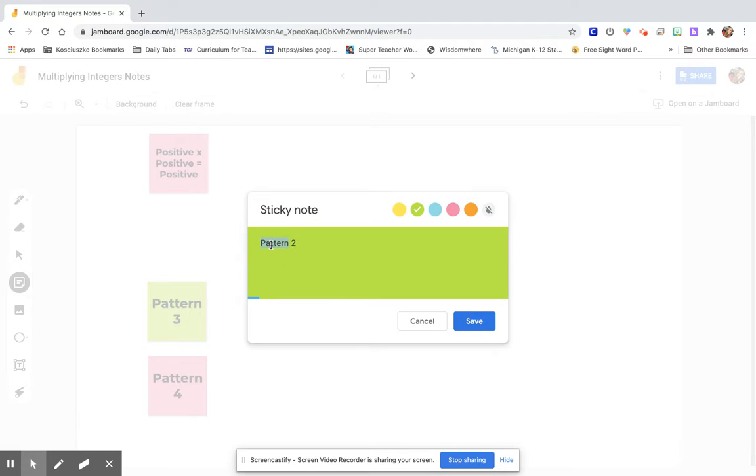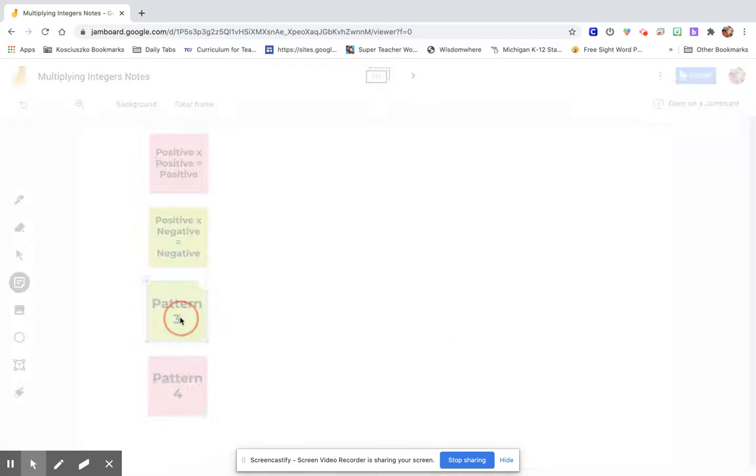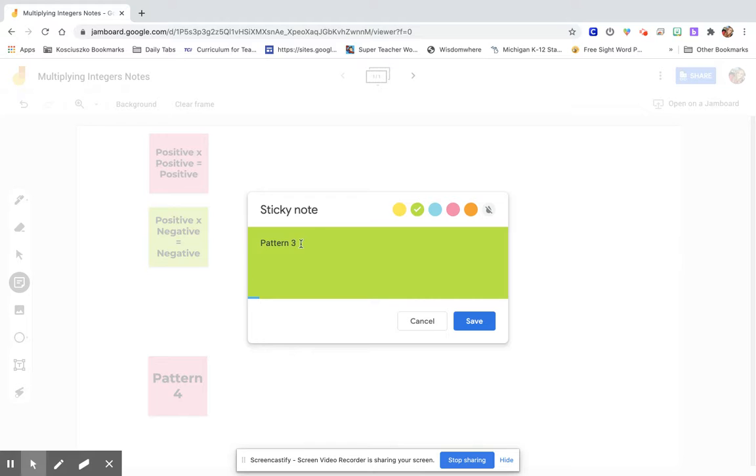If you have a positive times a negative, you are going to get a negative. If you have a negative times a positive, you are going to get a negative, okay?